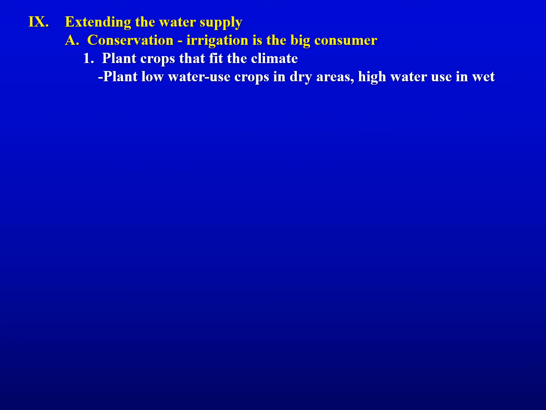Okay, this is something as a society we're going to have to deal with more and more as time goes on. We are really good at putting our head in the sand when it comes to water issues. We just don't want to deal with it because we're all dependent upon this.